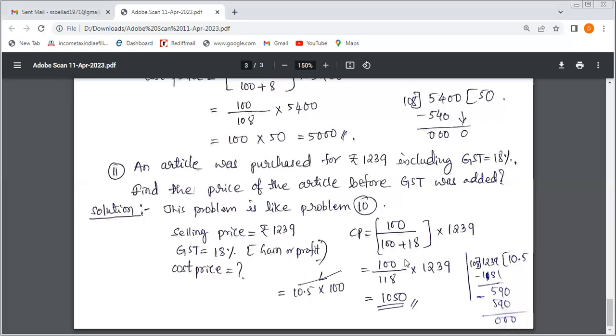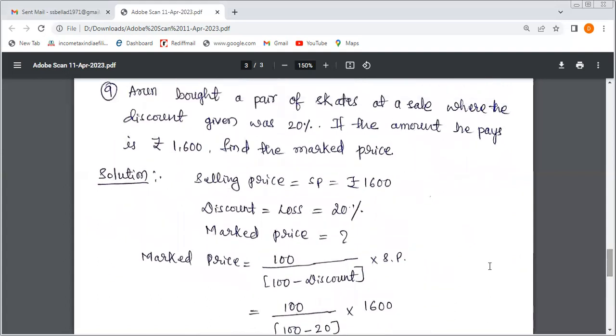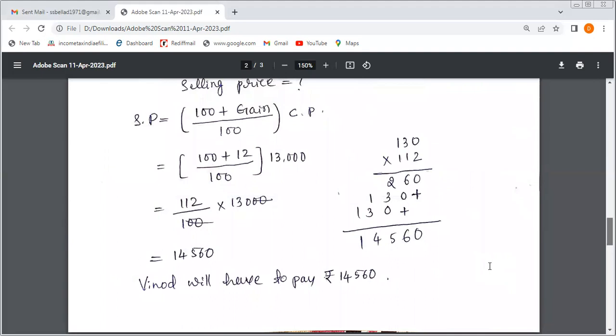That 10.5 should be multiplied by this 100. So that gives 1,050 as the answer. So the cost price of that article is 1,050. In this way, all the problems present in this exercise 8.2 are solved.